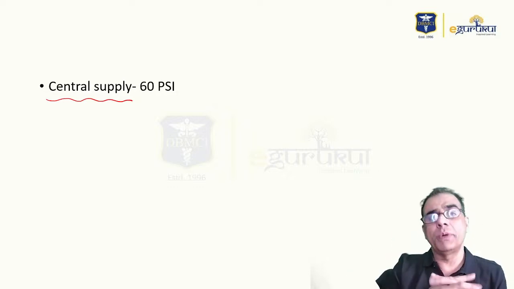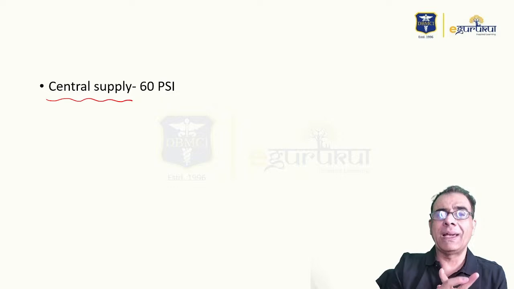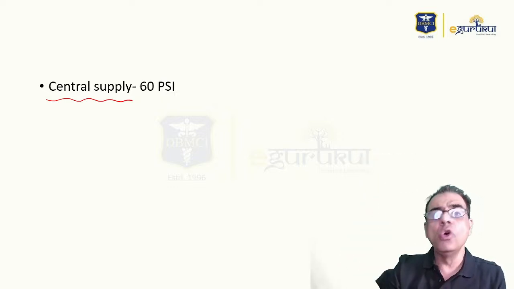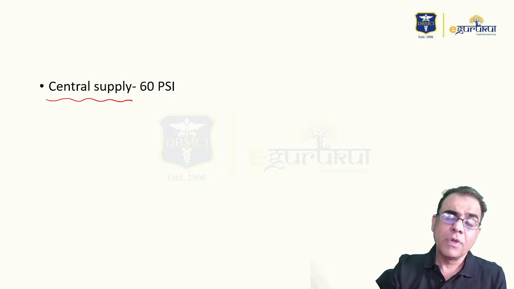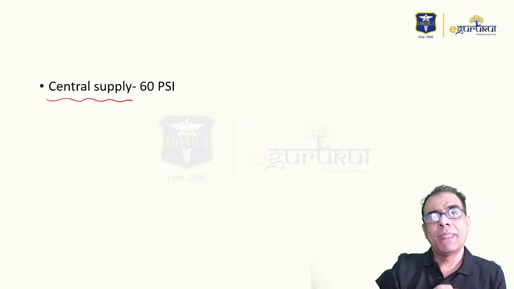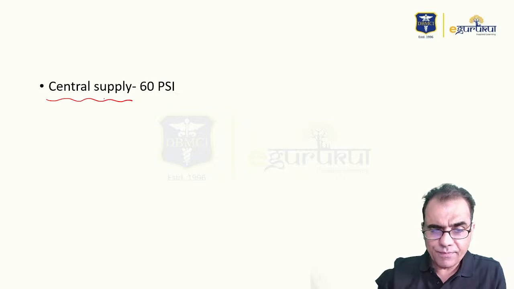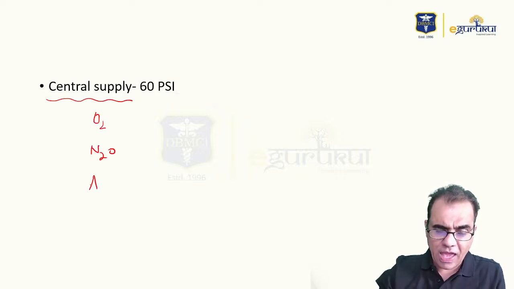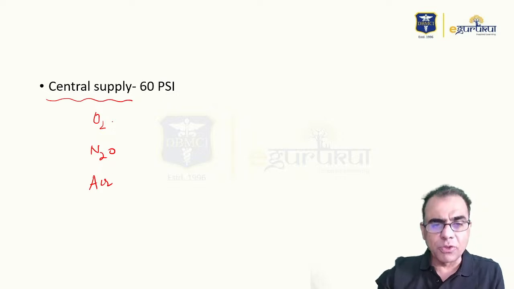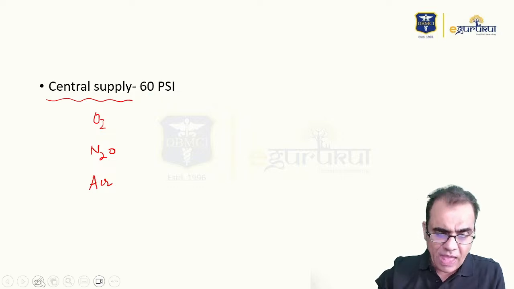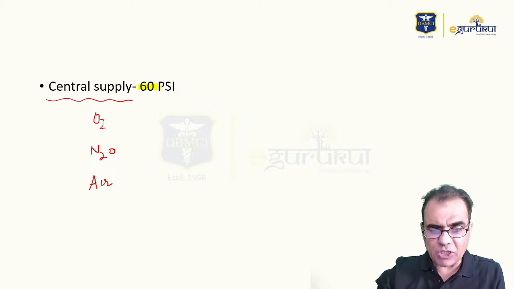And not only the operation theatre, through central supply gases are delivered to all parts of the hospital including the ICU or high dependency unit. Three gases are supplied through central supply: oxygen, nitrous oxide and air, and they are supplied at a pressure of 60 psi.